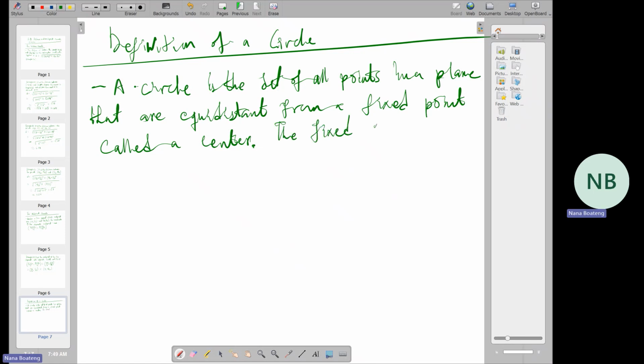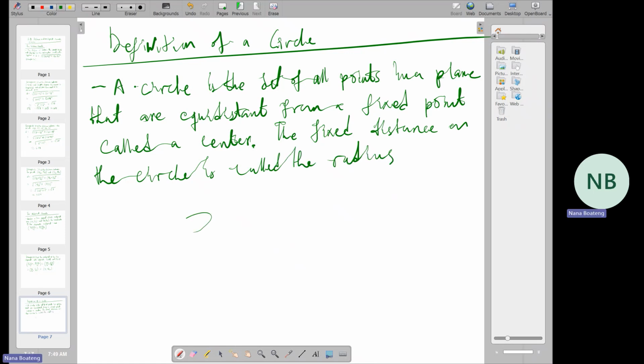The fixed distance on the circle is called the radius. All right, so we have a circle. The distance from the center of the circle to any point on the circle is called the radius.